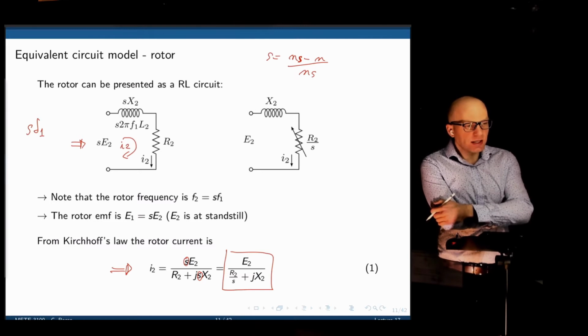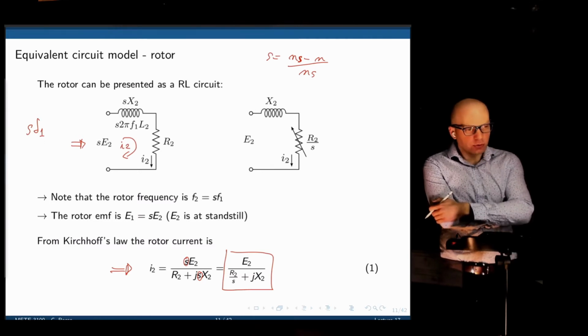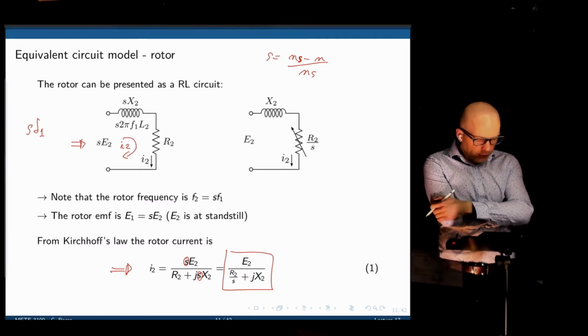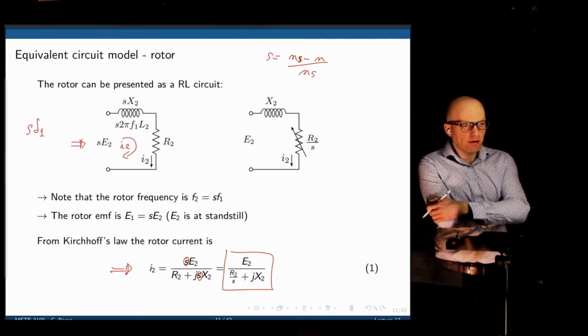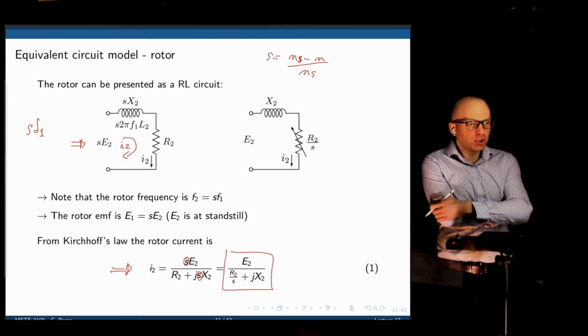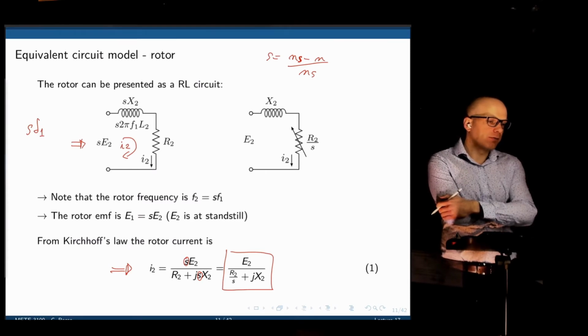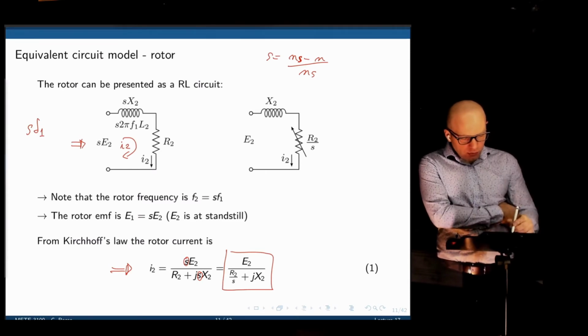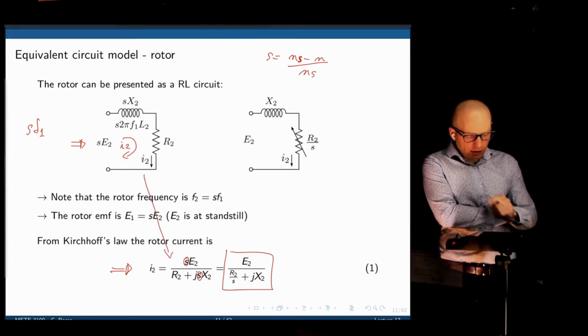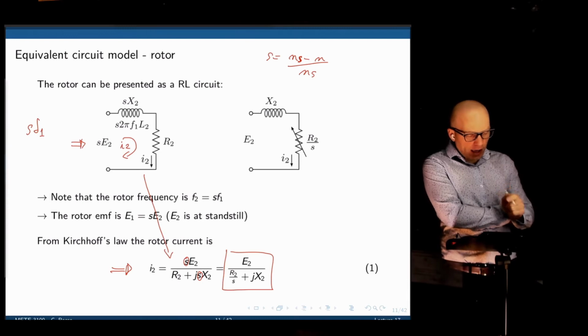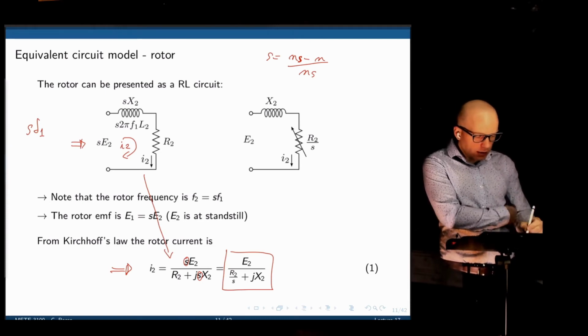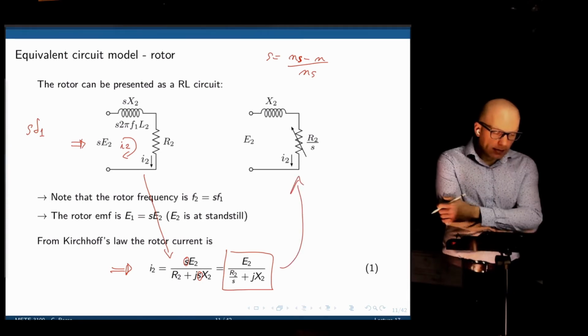So we can say that the effect of having the rotor rotating at a different frequency is equivalent to having a resistance that now changes depending on the slip frequency of the rotor itself. So this circuit gives us that equation. We divide everything by S.